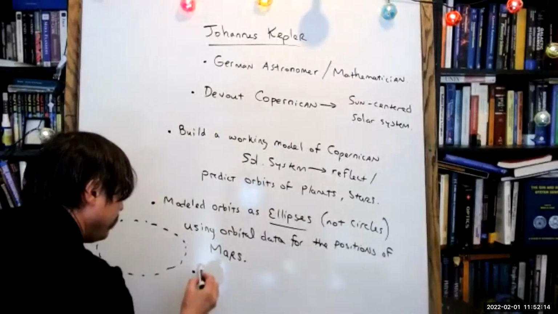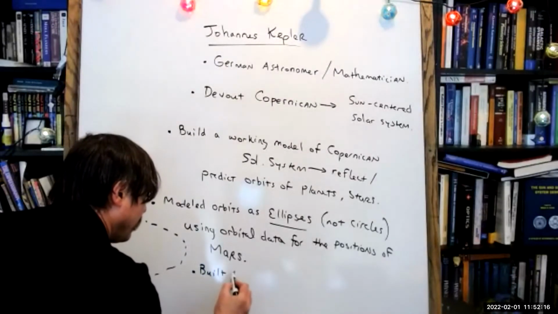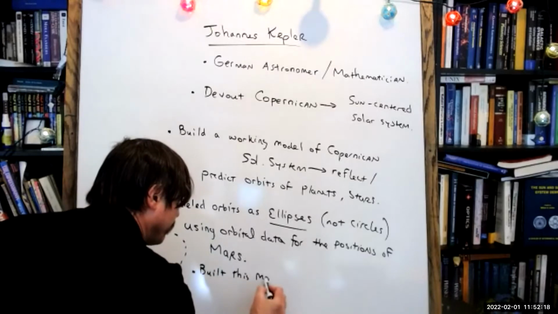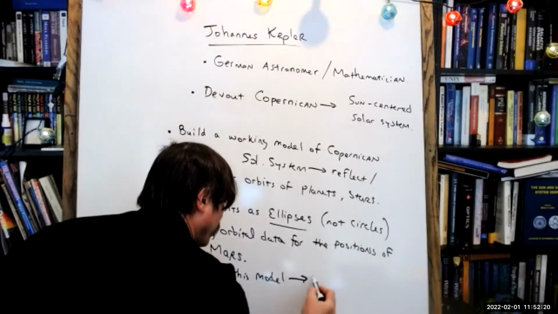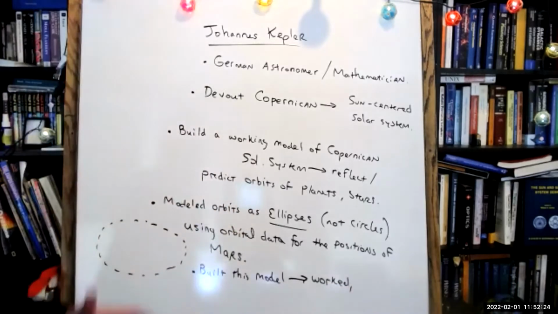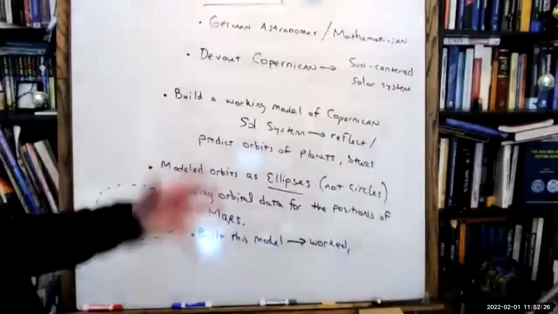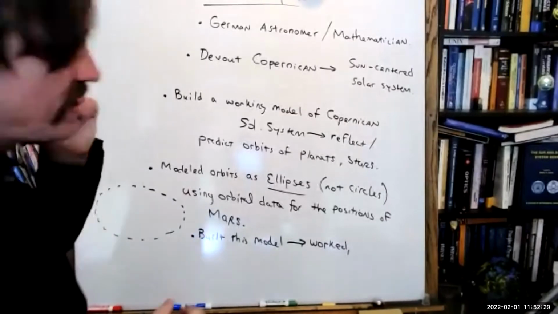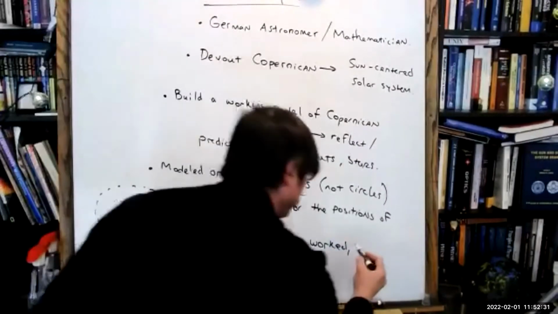So he built this model, and this model worked, and it had predictive power. That's the thing that we say in science. If your model has predictive power, then it gives people confidence that you know what you're talking about.